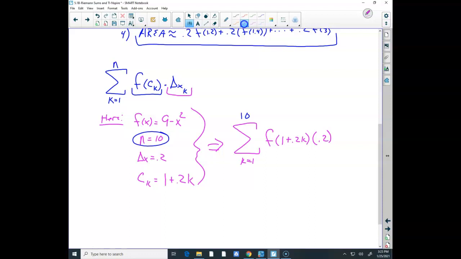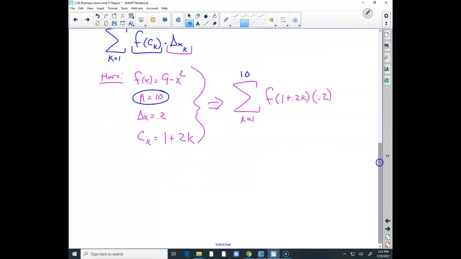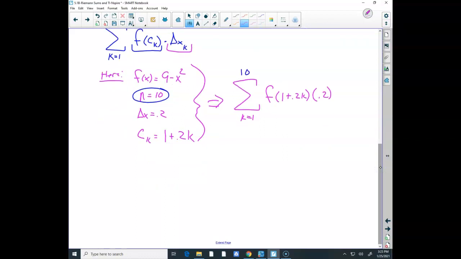And what we want to do is figure out how to get that into our calculator. There are two ways to get this into our calculator now. And just, you know, not to beat the dead horse here, when I plug in k equals 1, that's going to give me f of 1.2 times 0.2, plus then k equals 2.